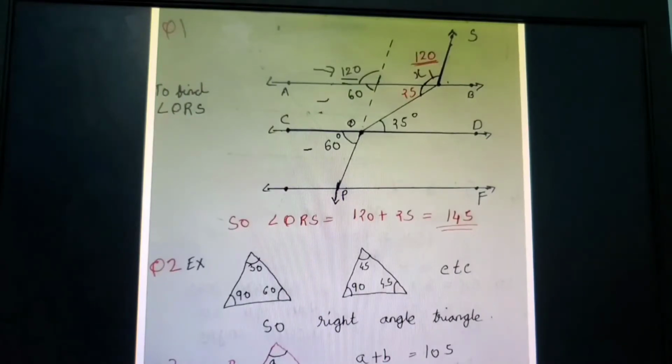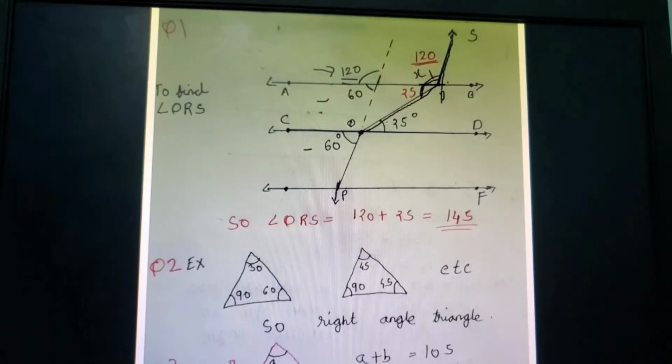Okay, so we have been asked for the angle PQRS, this whole angle. So we have got this much angle as 120 degrees, and we have to find just this angle.